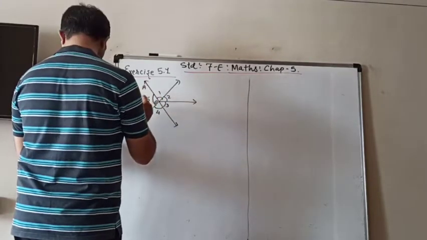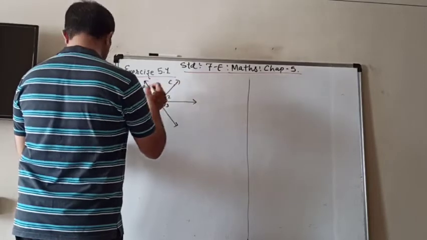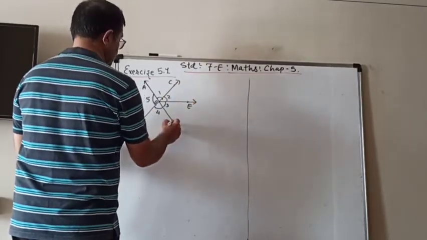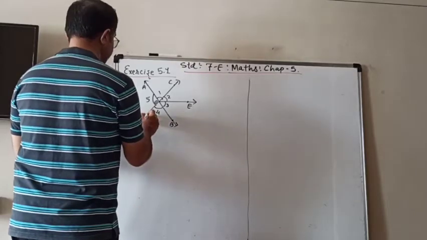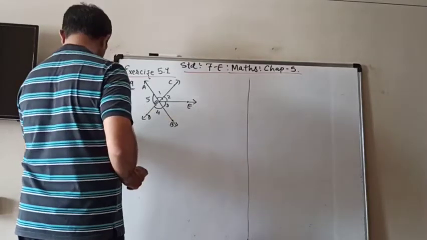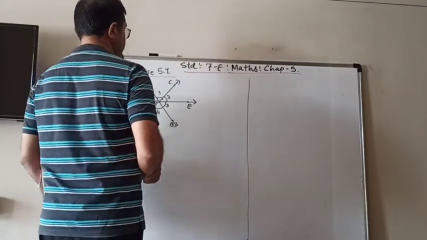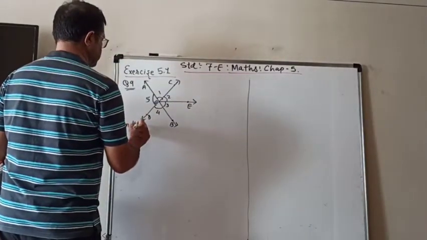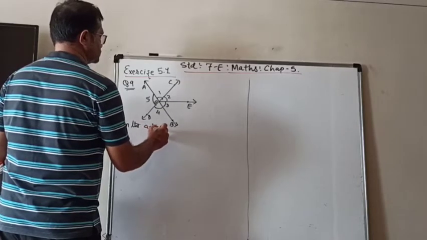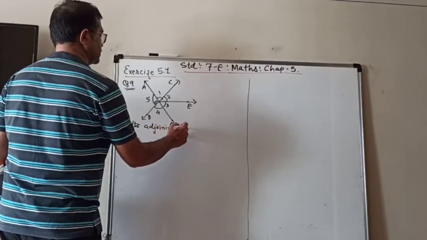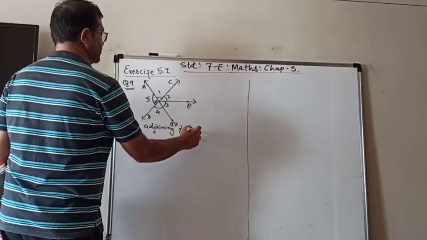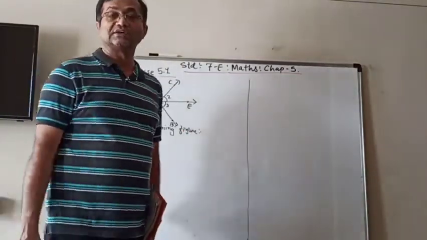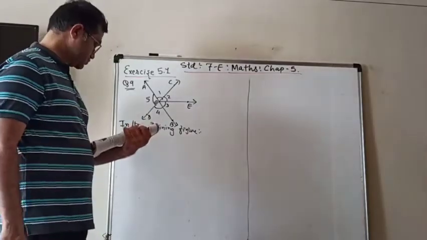Here is point A, C, E, B, and D. Now, in the adjoining figure, we will take questions one by one and write down their answers.